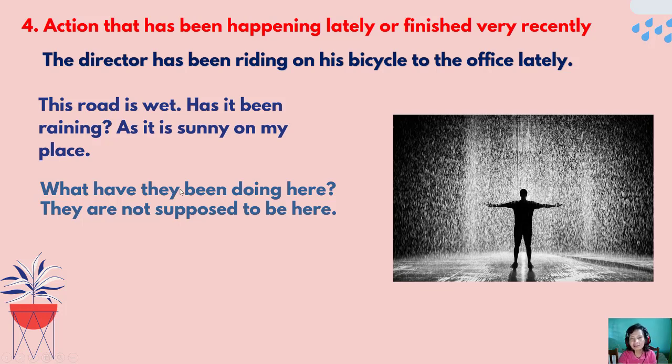Okay, I think my explanation is enough, and I hope that you can understand the simple present perfect and present perfect continuous, because both tenses sometimes make us confused about when we should use the simple present perfect or the present perfect continuous.